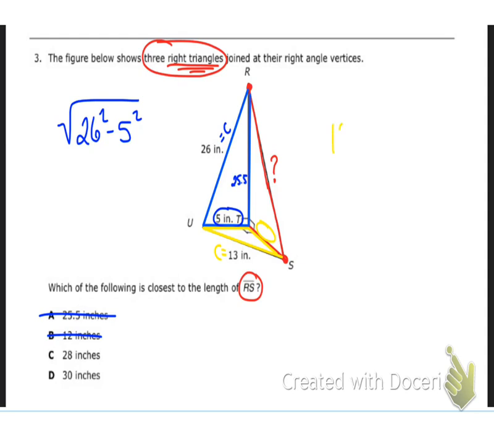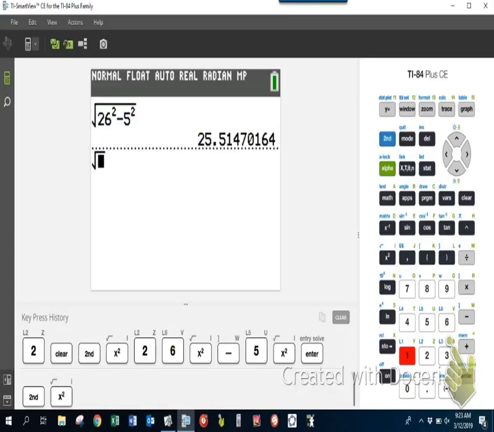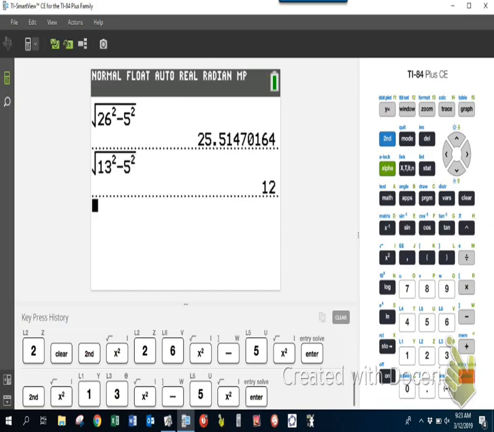So what do we do to find that one? Well, we'd have to subtract 13 squared minus 5 squared. And then don't forget your final step is to square root them. And this one comes out to be 12. It's one of those 5, 12, 13. If you can't tell, then go ahead and type it in. So we would do the square root of 13 squared minus 5 squared, and that actually gives me 12.